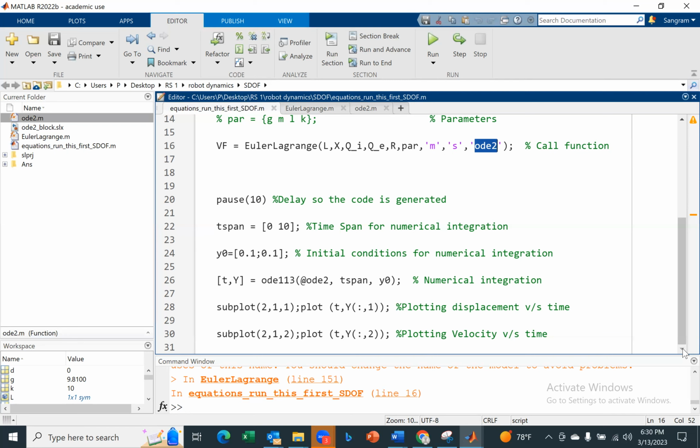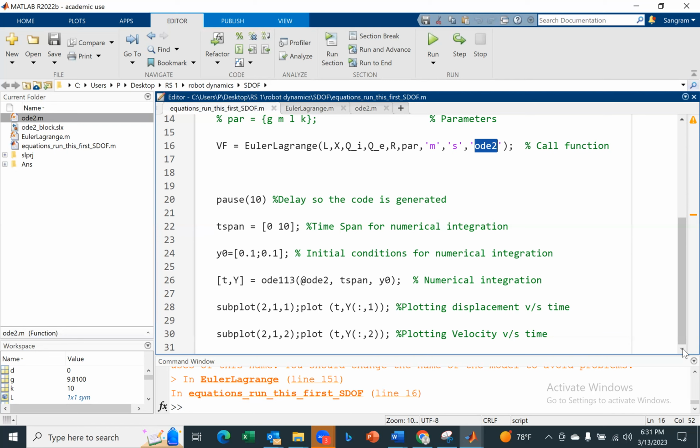The input to this function is the at sign, which is the function handle. So ODE2 is where the differential equation is, then tspan, where we define the time span, and then Y0, which is the initial condition. So what line number 26 will do is perform the numerical integration on the first order form that we solved. Everyone understood this?